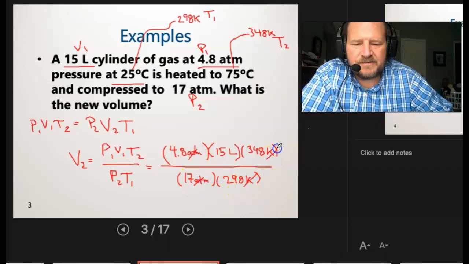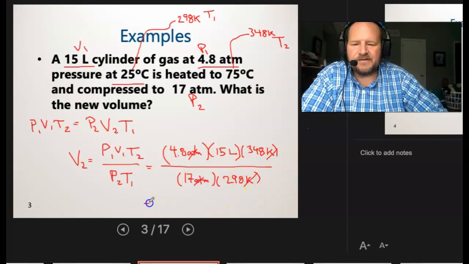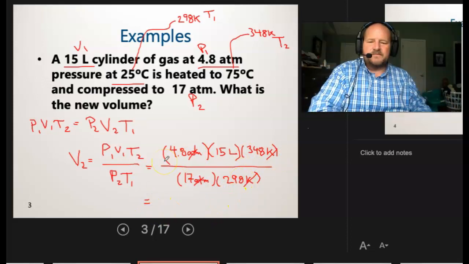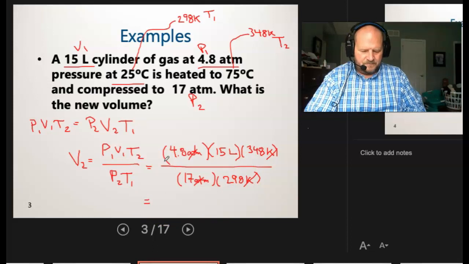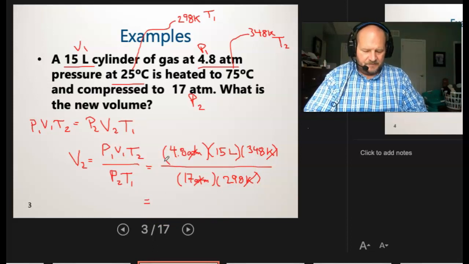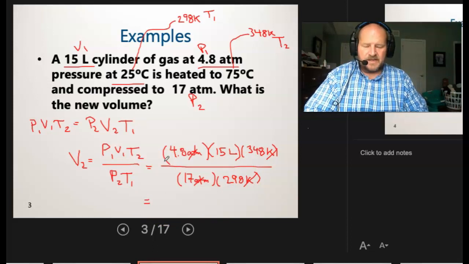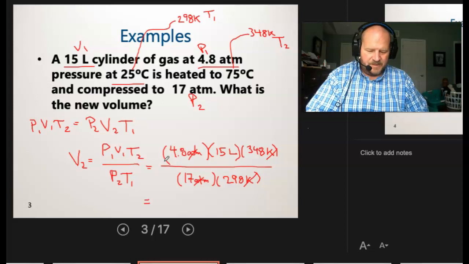Kelvin cancels out. We'll be left in liters, so that's looking pretty good. All right, so we're going to take 4.8 times 15 times 348 divided by 17 divided by 298.